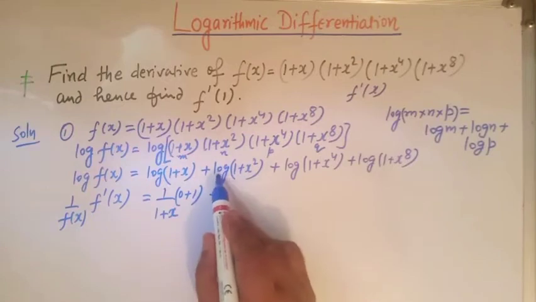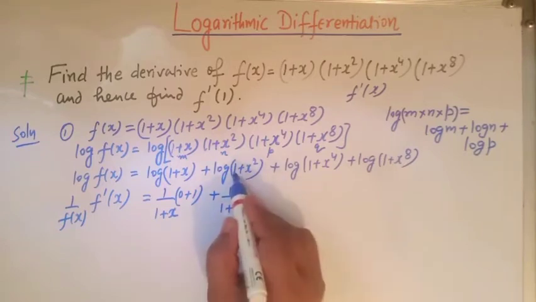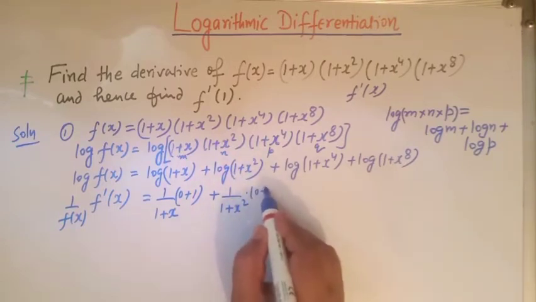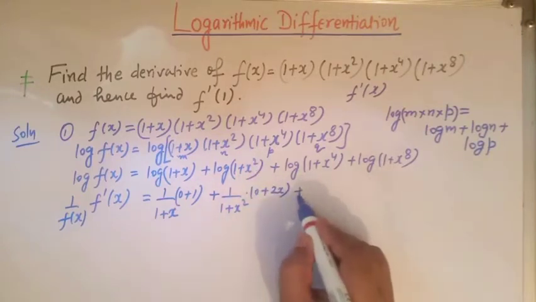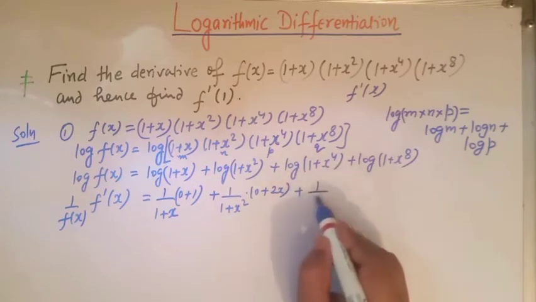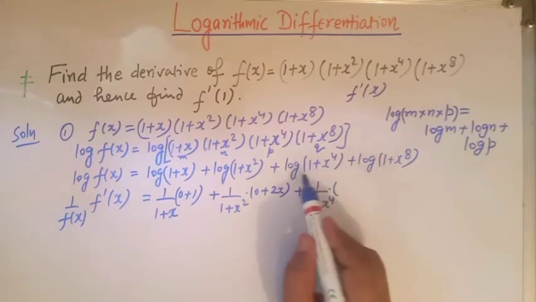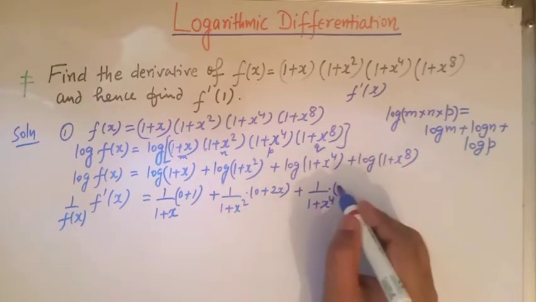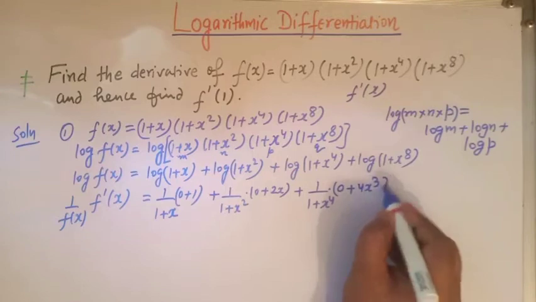Plus the derivative of log 1 plus x square is 1 over 1 plus x square times the derivative of 1, which is 0, plus the derivative of x square, which is 2x. Plus the derivative of log 1 plus x raised to 4 is 1 over 1 plus x raised to 4, then the derivative of 1 is 0 plus the derivative of x raised to 4 is 4x cube, right?